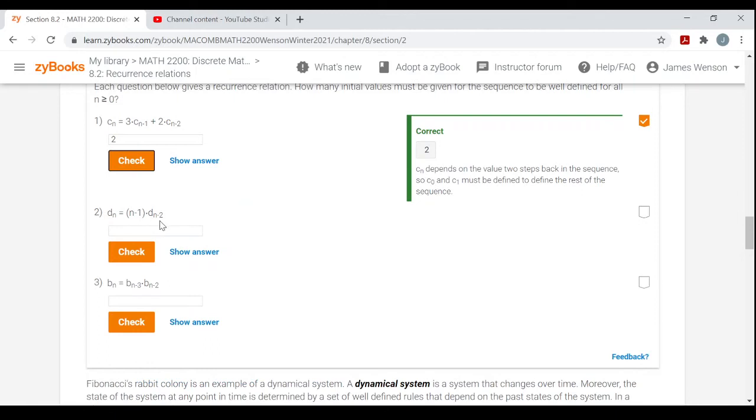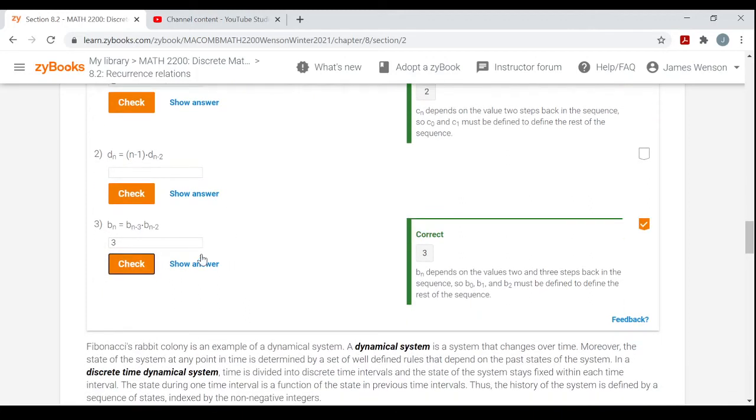Same thing here, this goes back 2 terms prior, dn minus 2. This one, however, bn equals bn minus 3 times bn minus 2. See how this bn minus 3 goes back 3 terms. So I need to be given 3 initial values to be able to define this sequence. All right, so look at the subscripts.